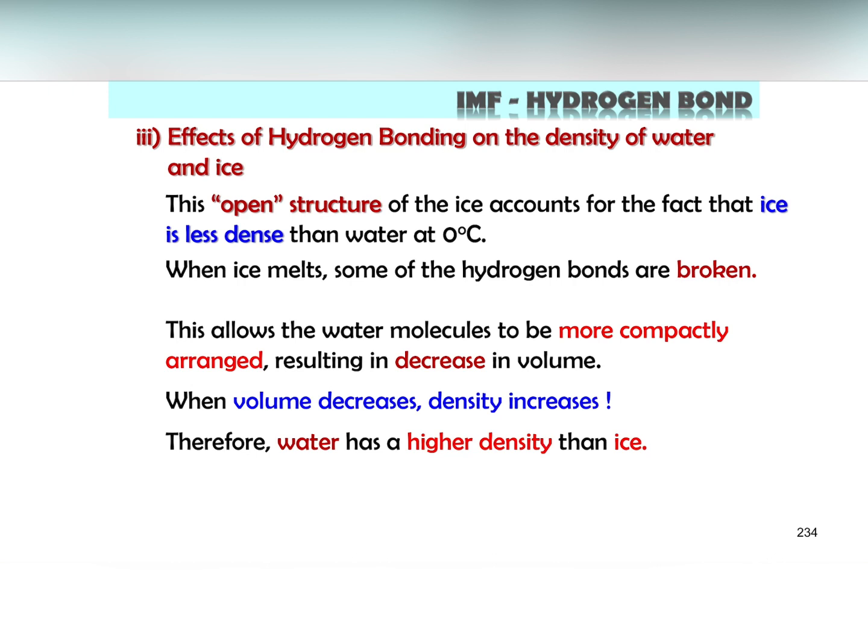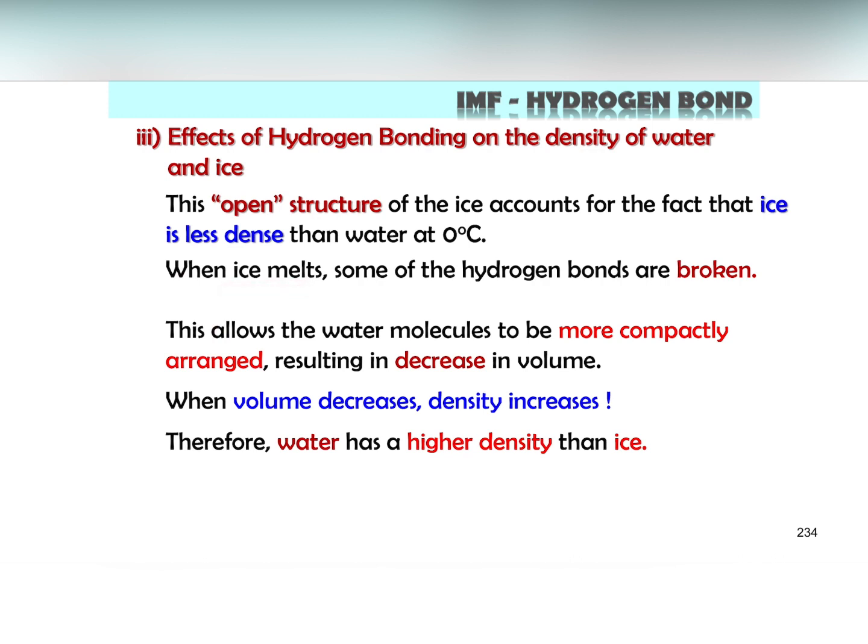So this will make the ice less dense than water at 0 degree Celsius. So ini water dalam keadaan liquid lah. But when ice melts, so macam mana daripada ice, okay, solid, dia jadi liquid. Okay, liquid water.